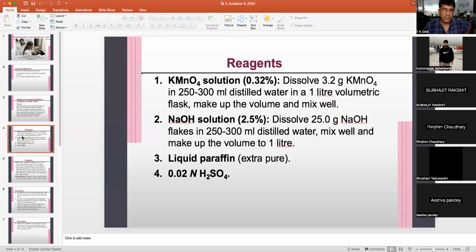In the last case, you used 0.1 normal sulfuric acid, which means N/10 sulfuric acid.